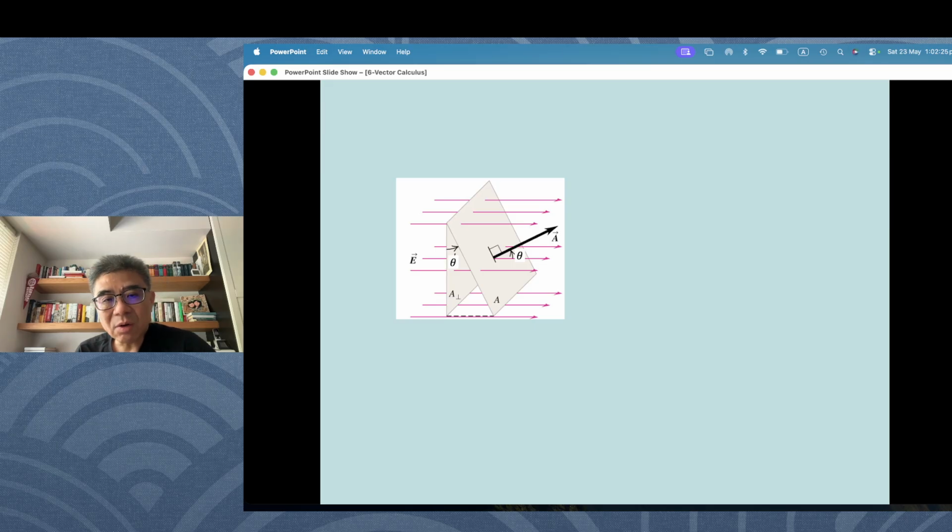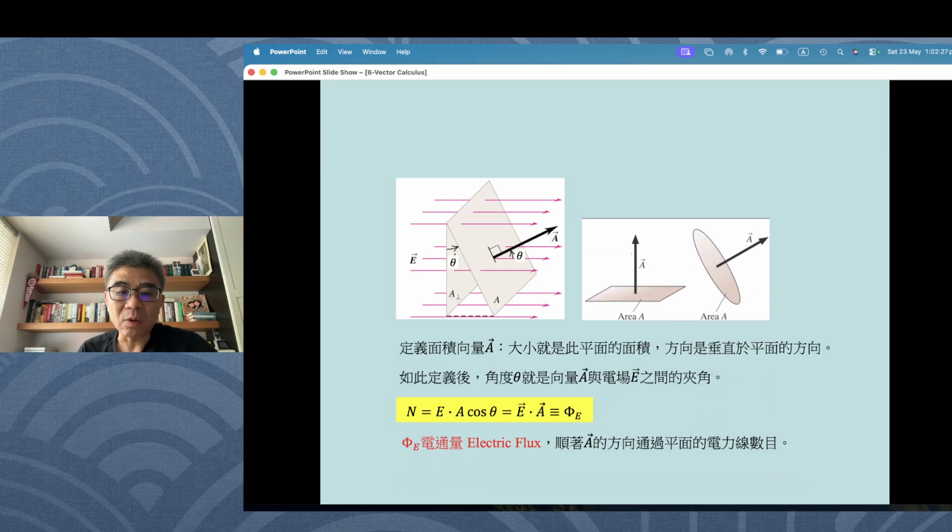Okay, so Gauss's law is about a physical quantity we call electric flux. In this notation, it is usually written as phi E. It is defined as the inner product of the electric field and A vector. A vector is about an area.